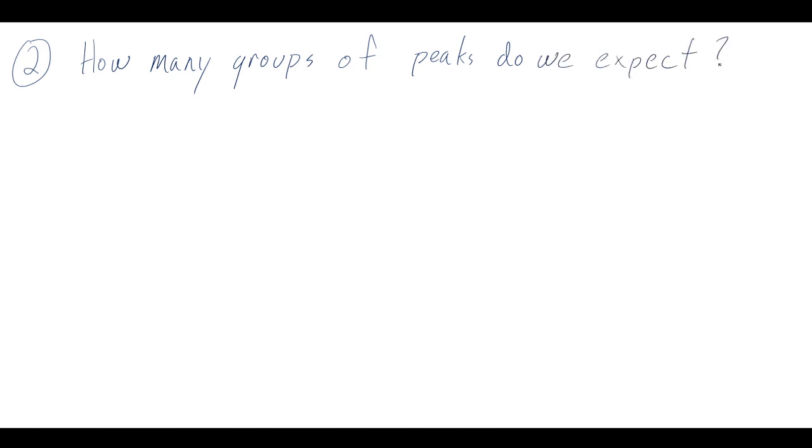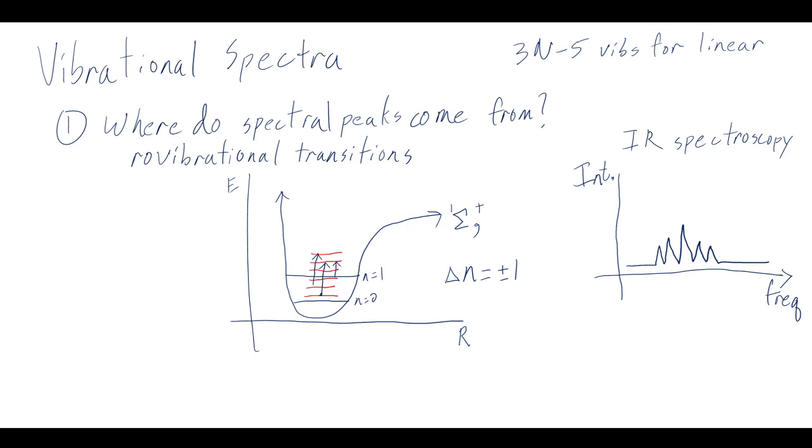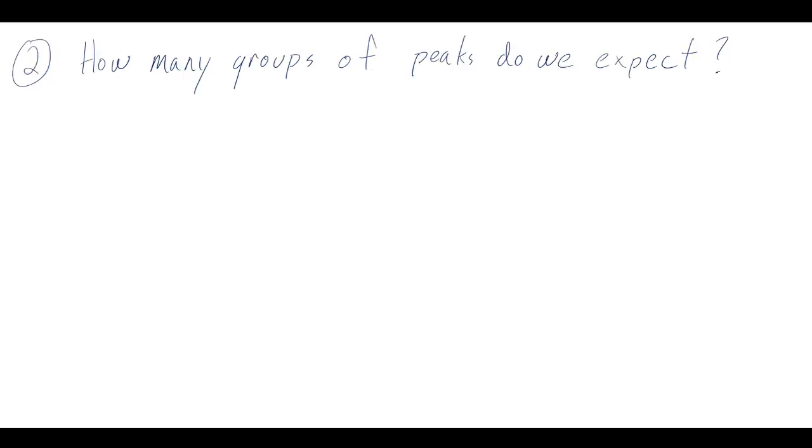If the case can be made, which we did on the previous slide, that we're going to have a group of peaks, not just a single peak, for this one vibrational transition, let's think about how many of these groups we expect, which is to say, how many vibrational transitions do we expect, which we know will contain multiple rotational transitions.